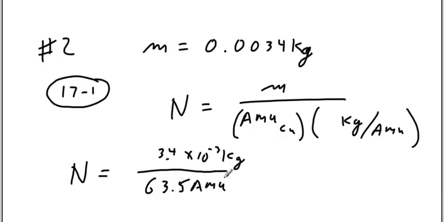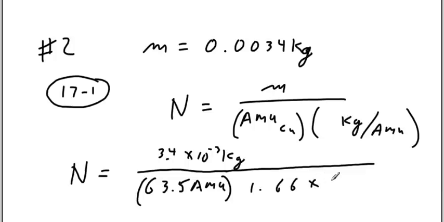Now the book just uses a mu there. I'll say AMU just for the heck of it. And then on page 455 of the book, it says one atomic mass unit is 1.66 times 10 to the minus 27th kilograms per atomic mass unit.